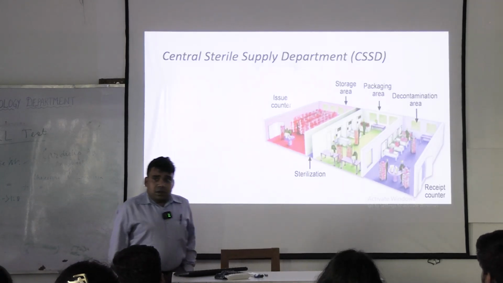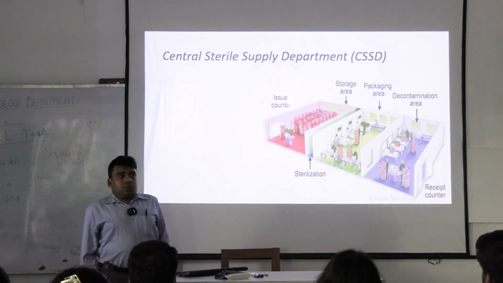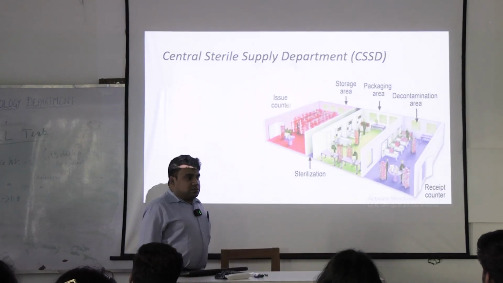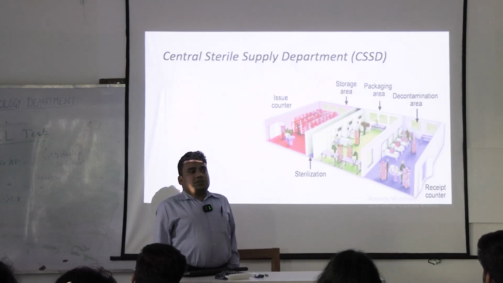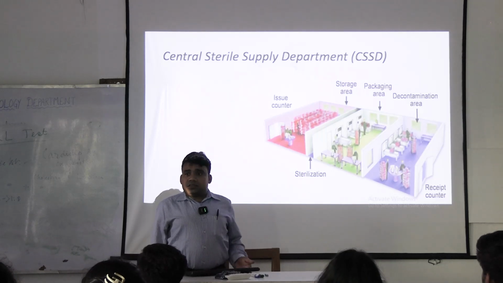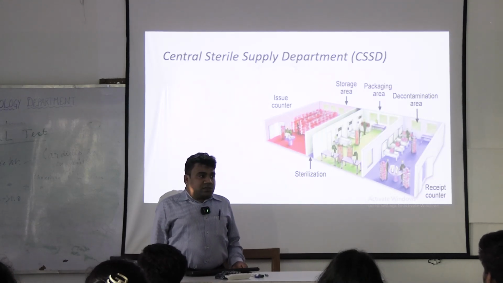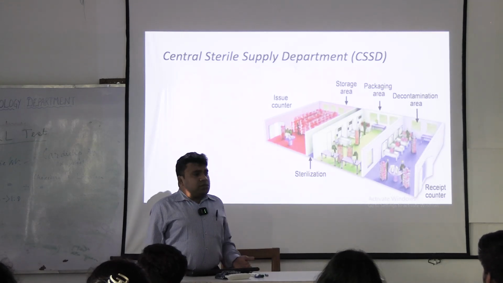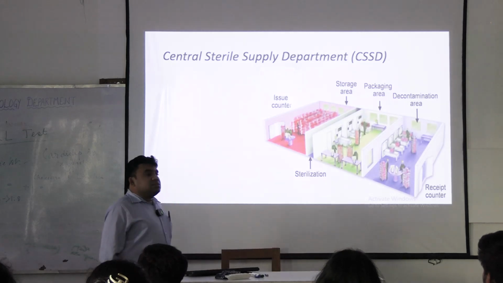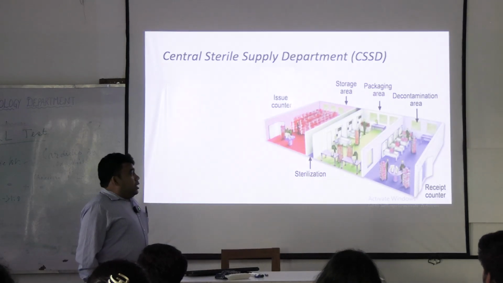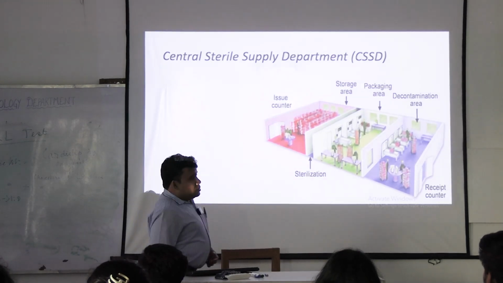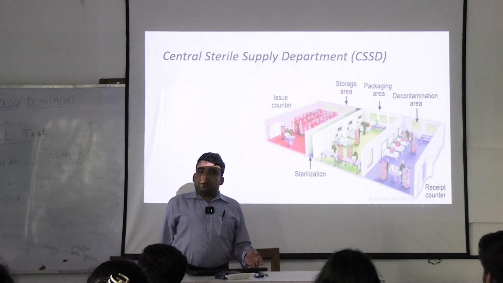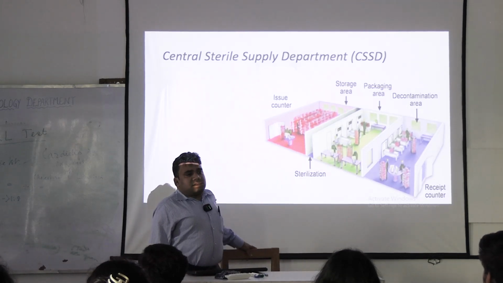This is the department which cleans, disinfects and sterilizes all the things required in an operating room. It could be linen or instruments for routine, elective and emergency surgeries. Every hospital has to have its own department, the CSSD.